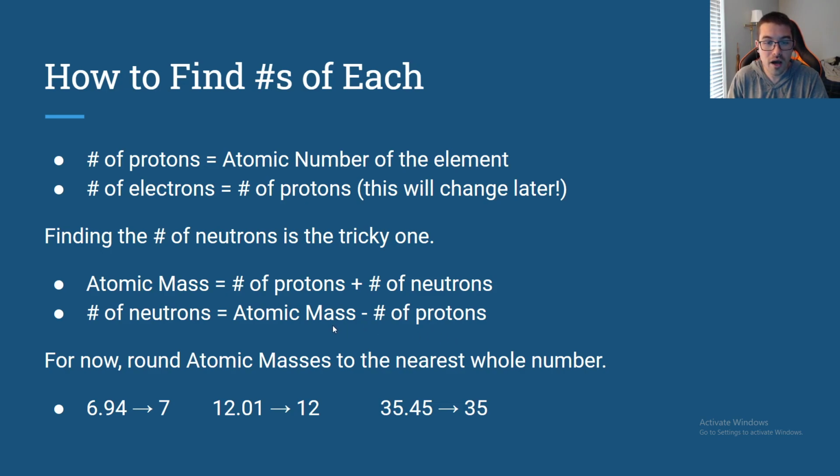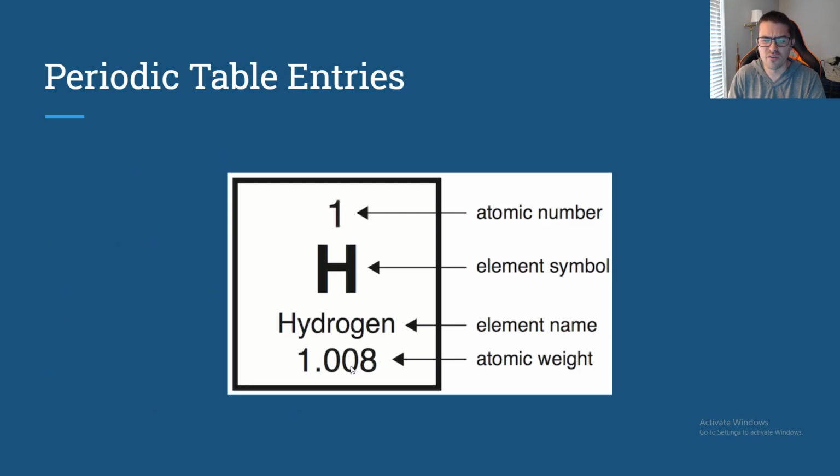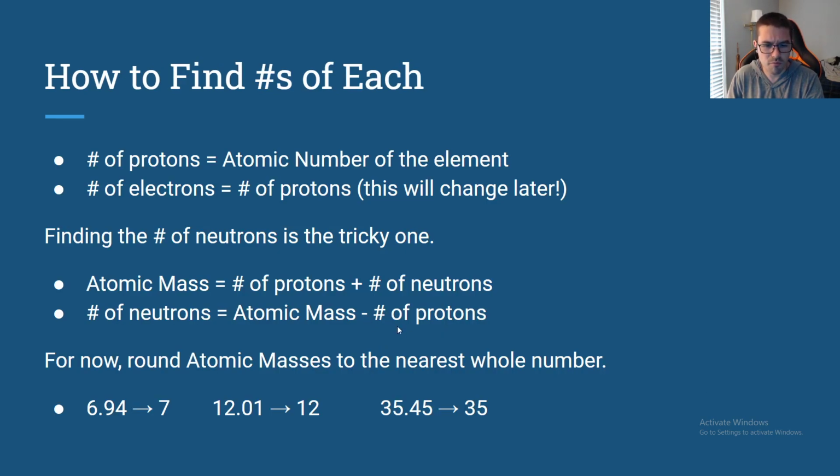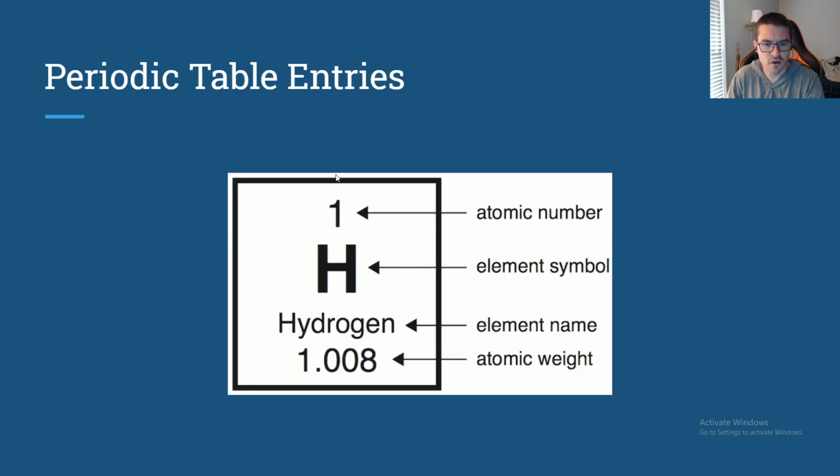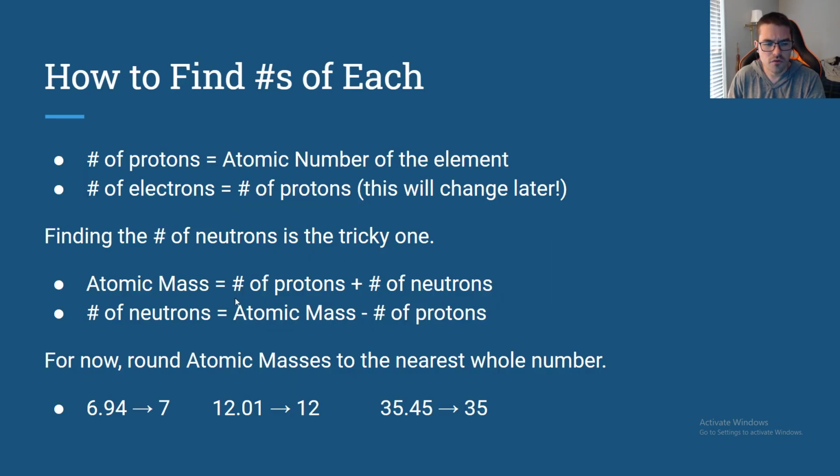So, for our hydrogen example, that looks a little strange, right? The atomic mass is 1.008 minus the number of protons, which we said was 1. So the number of neutrons is 0.008. That doesn't make a whole lot of sense. So there's one other last little thing that I want to tell you about.